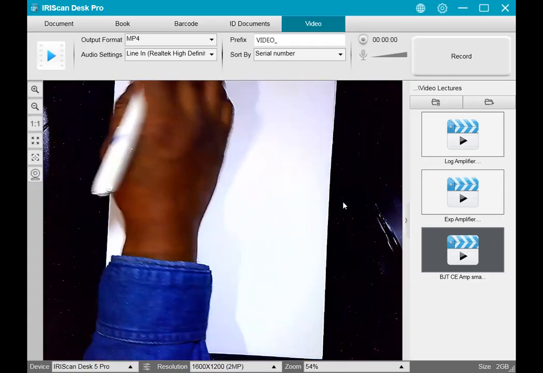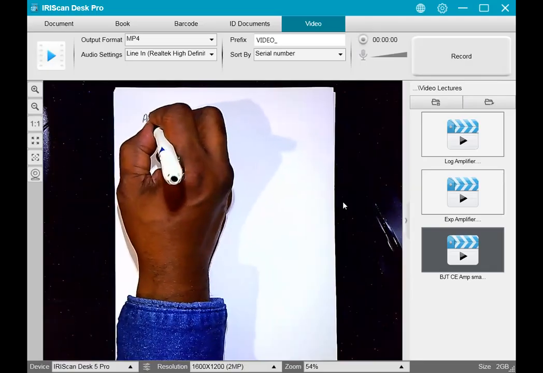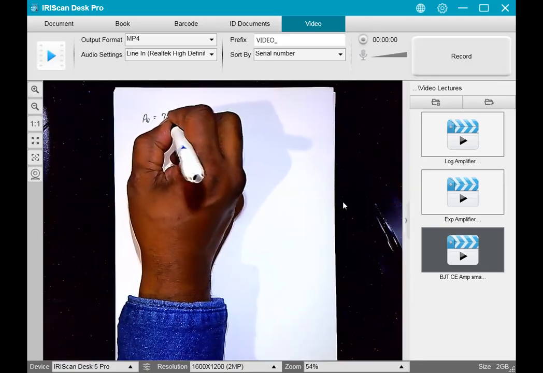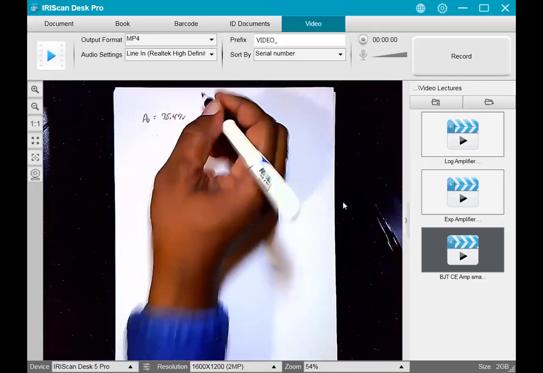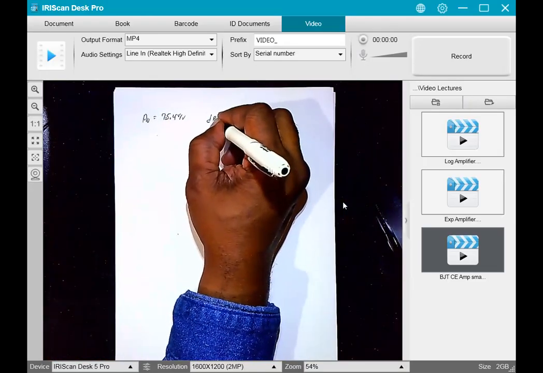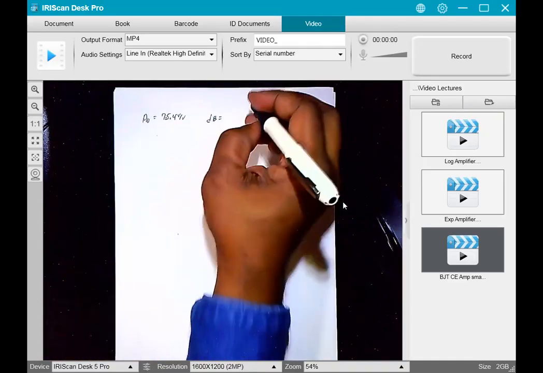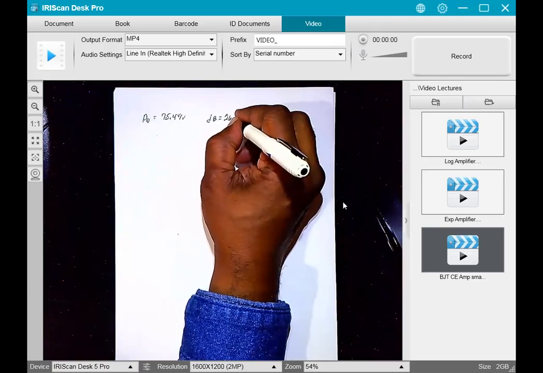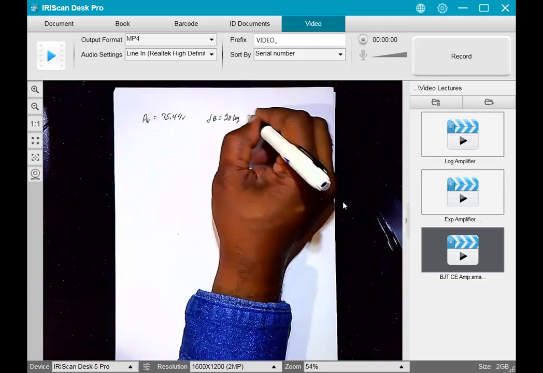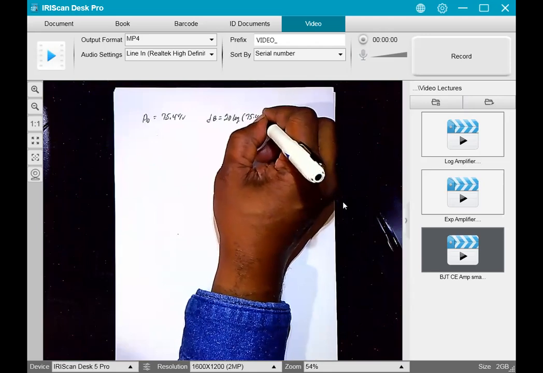So a voltage gain of 75.4 volts per volt. I want to convert that into decibels. And the definition of decibel, how we calculate it, is going to be 20 times the log base 10 of, in this case, 75.4.